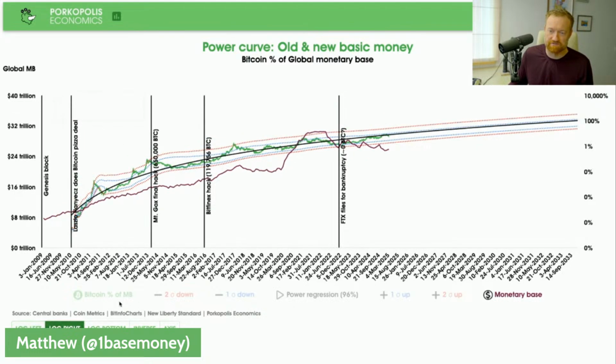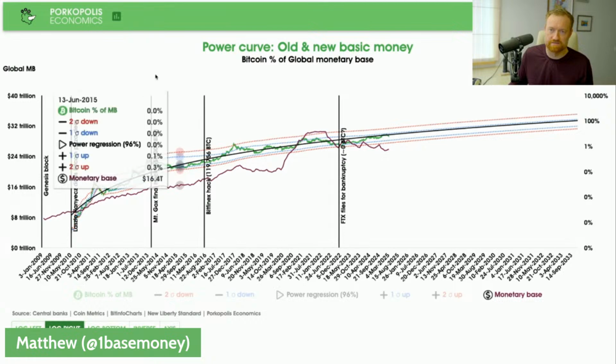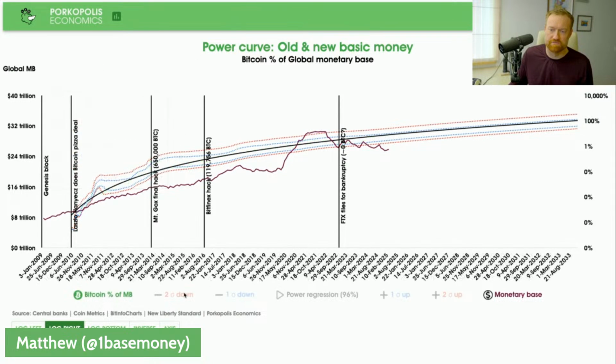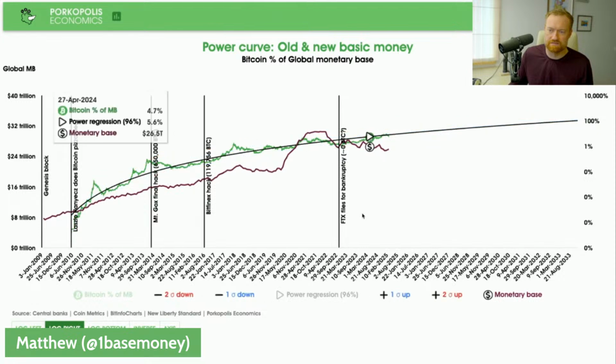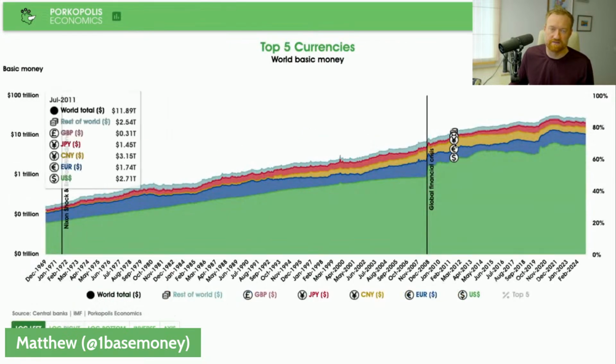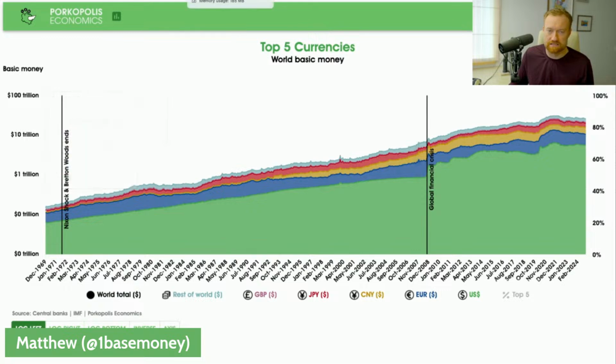But you take that off. And I gotta reset that. But anyway, put on. Let's take off this and this and this. Point is, Bitcoin market cap divided by global monetary base. That's central bank money.